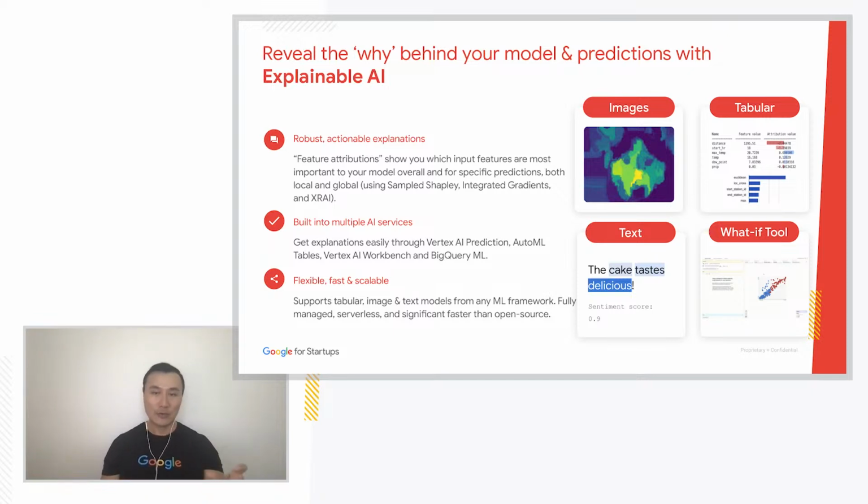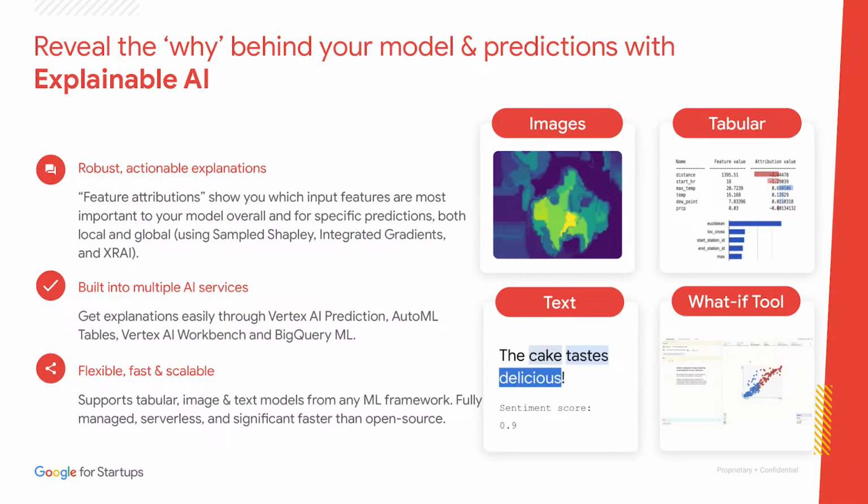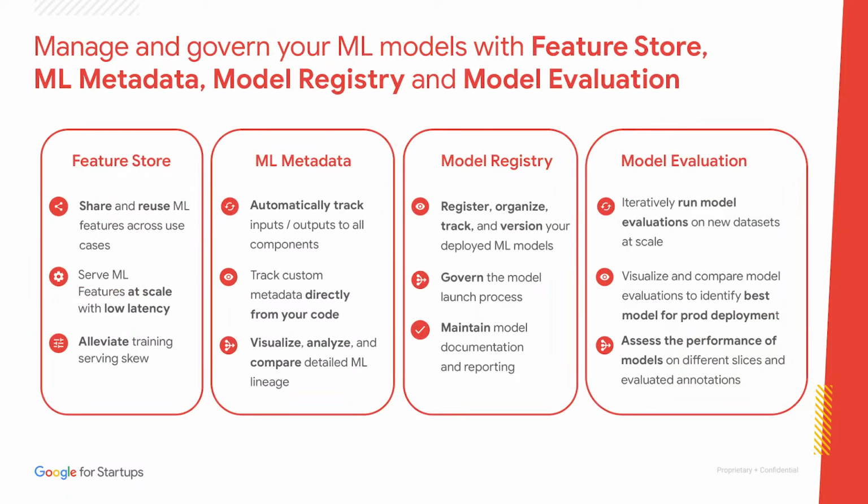These are the attributions of the different features within that prediction. So it's very, very robust, as you see here, both at the model level and also at the prediction level.